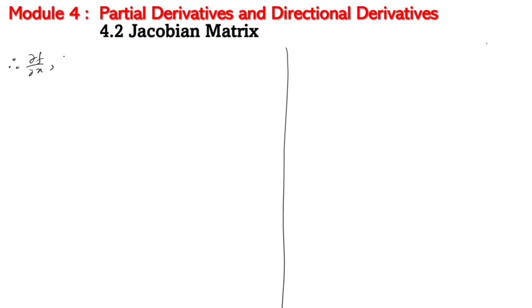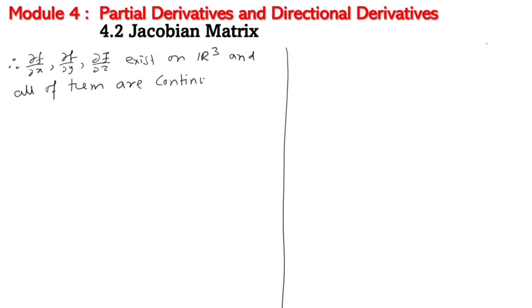Therefore ∂f/∂x, ∂f/∂y, ∂f/∂z exist on R3, and all of them are continuous.